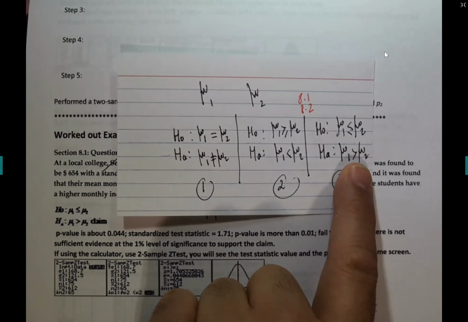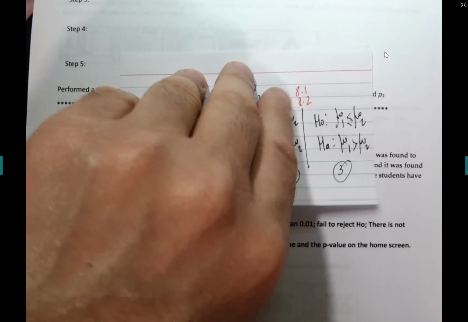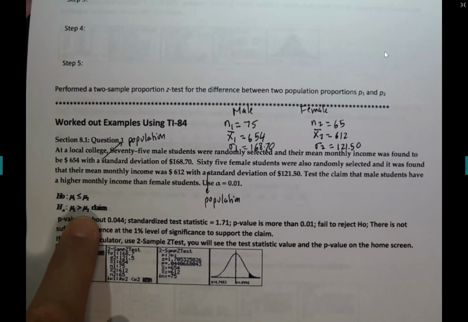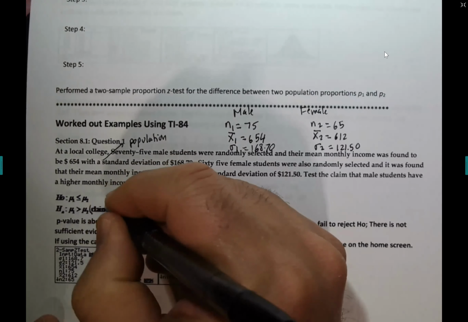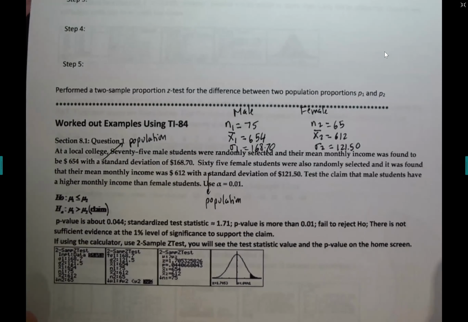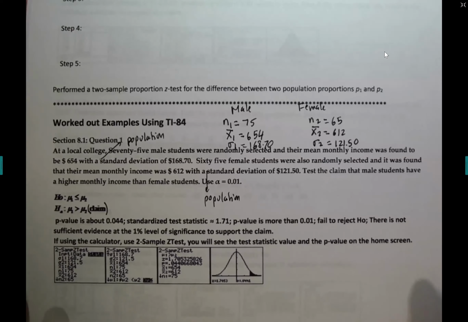So it will be mu1 greater than mu2. That's the claim. Then the null hypothesis will be mu1 less than or equal to mu2. So here we start with the alternative, and then we can write the null hypothesis.